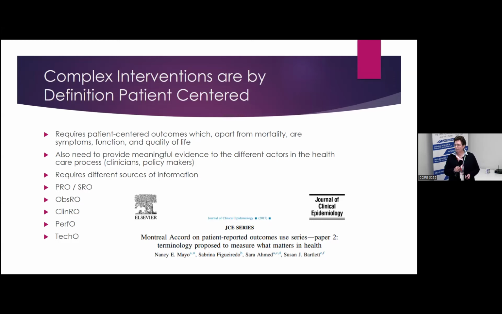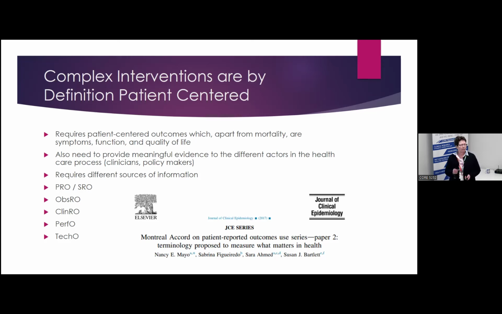Sometimes in clinical settings, a nurse might observe the activities of the patient. Then clinician-reported outcomes, traditionally clinicians like that. They rate those things on certain scales. A performance outcome is just exactly it. It's performance. It's a test like the 6-minute walk test or a visual acuity test or a cognitive test.